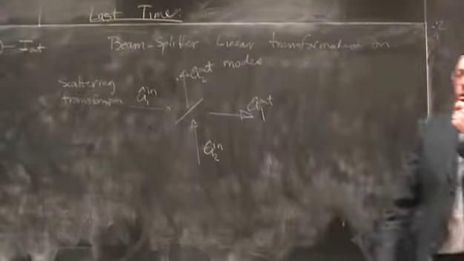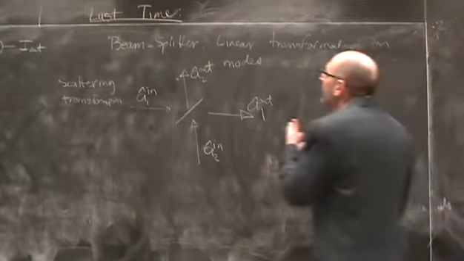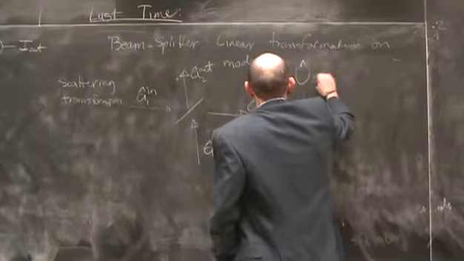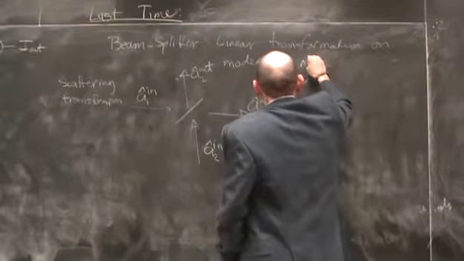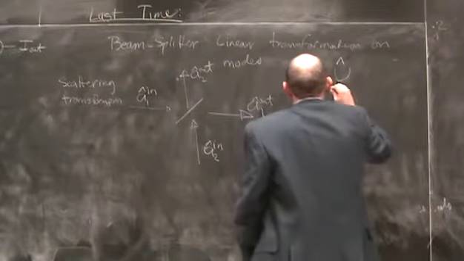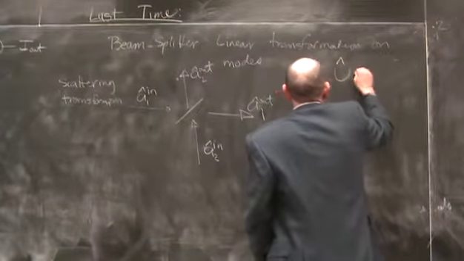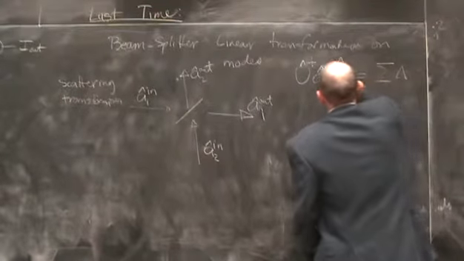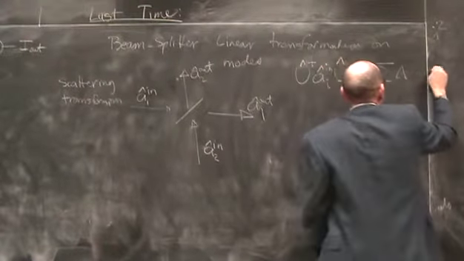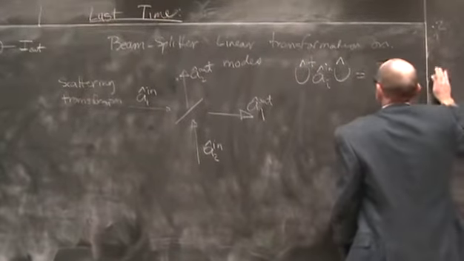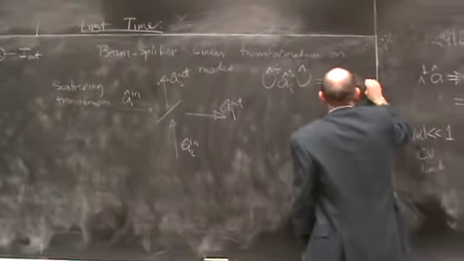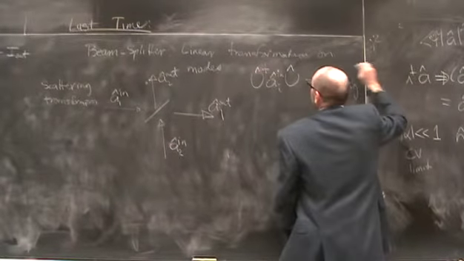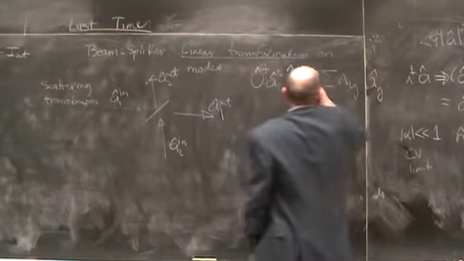And what the beam splitter does is a unitary scattering transformation, so the in modes become the out modes, and the out mode is related to the in mode in a linear way. So that's what I mean by a linear transformation.